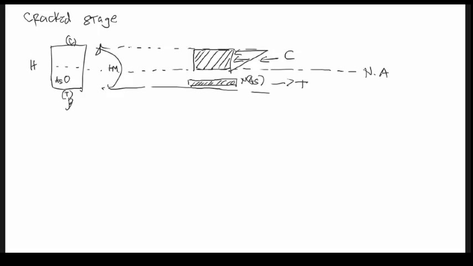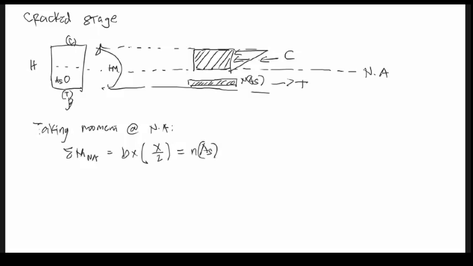Again, taking moment at the neutral axis. So summation M at NA equals BX, moment arm X over 2, that is equals to NAS, moment arm D minus X, where your I at NA equals 1/3 BX cubed plus NAS times the moment arm squared.